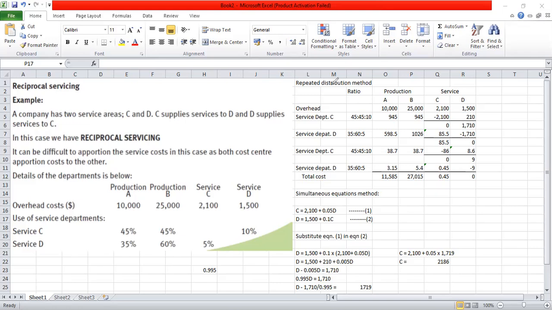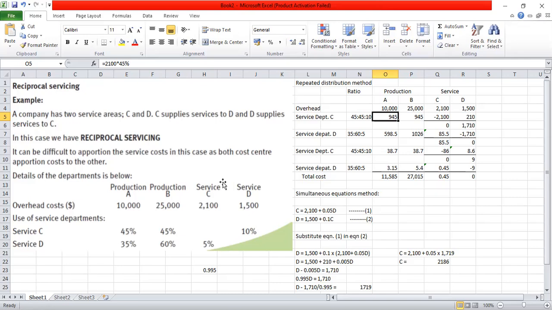Ma'am, 45% of what amount is taken? 45% of 2,100, because the total service whatever is provided, 45% of that is to A. So the calculation here you can see in the formula bar. 2,100 is the amount spent by C. So out of 2,100, 45% of 2,100 will be charged to A, because they have given that percentage of services.